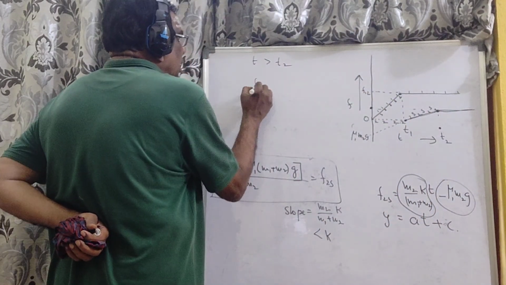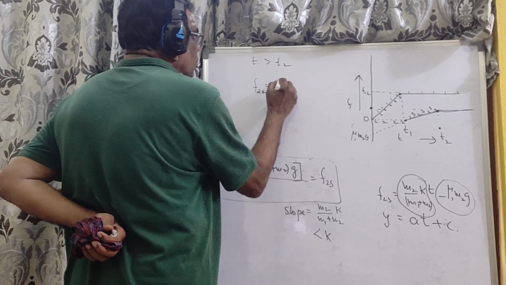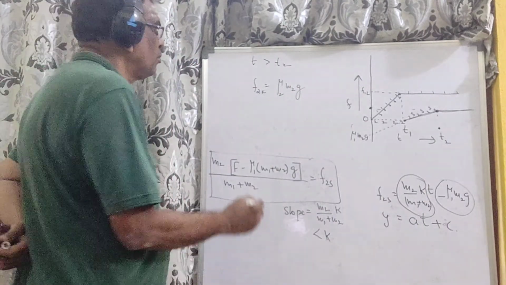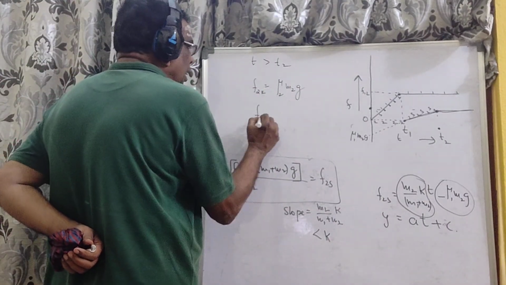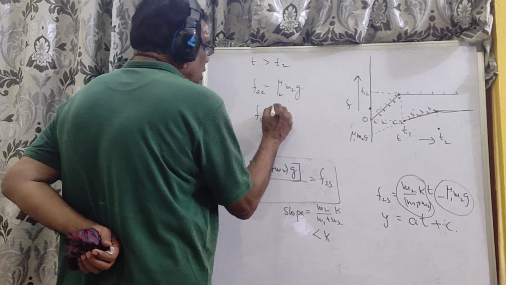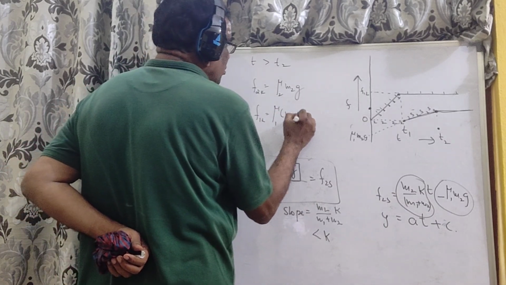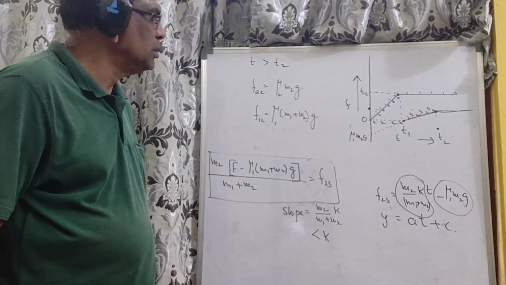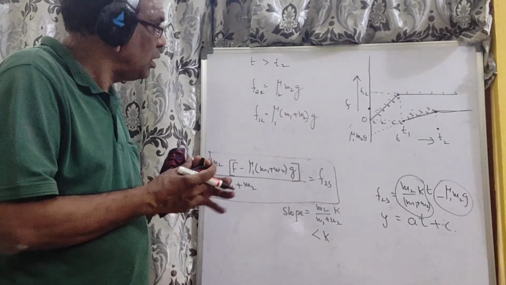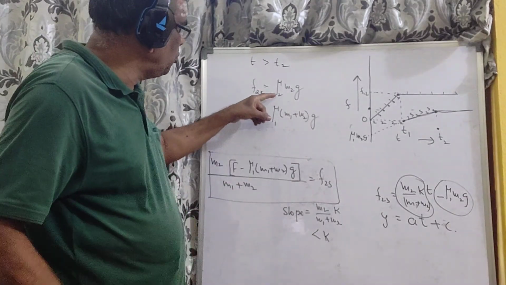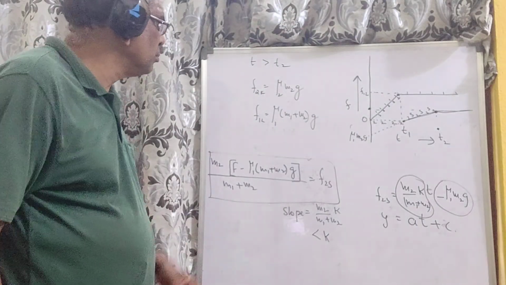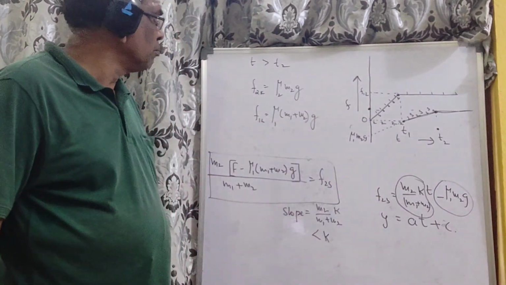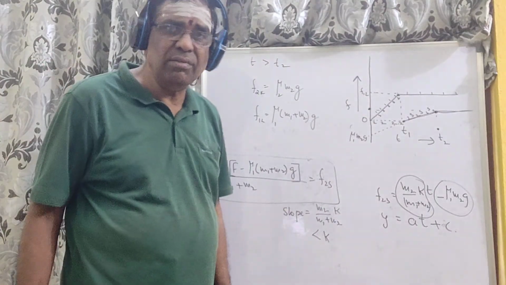What is F2K? Mu2 M2G. And what is F, K or L? I am not distinguishing. F1 is okay. Remember, this is mu2 may be 0.1. I'm just saying mu1 may be 2 or 3 possible. This is much more. Or mu2 may be having a very high value.